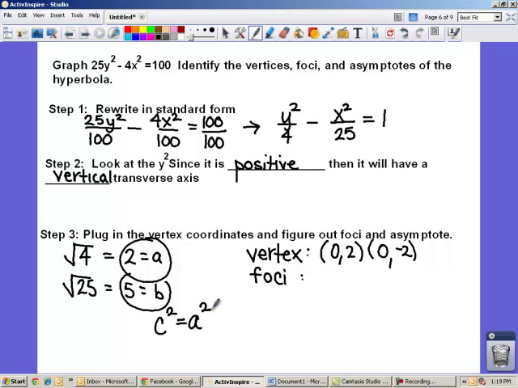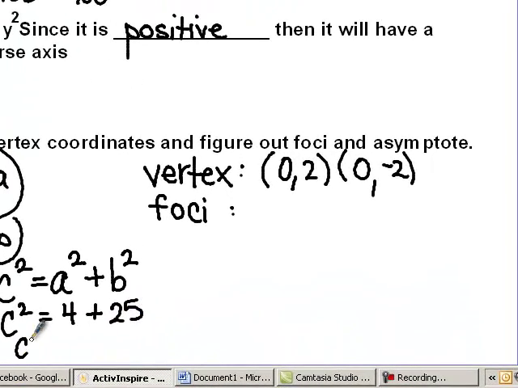Instead of being minus, it's now going to be plus. So we're going to fill in A squared, which is 4, and B squared, which is 25. So our C squared is 29, and if we take the square root of 29, it ends up being about 5.4.